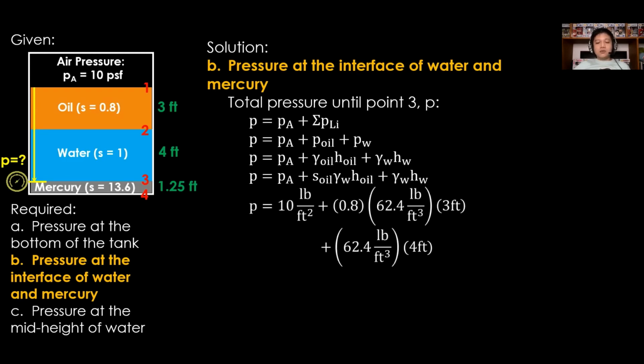Our P is equal to PA, that is 10 PSF, plus S of oil, 0.8, times gamma of water, 62.4, times height of oil, 3 feet, plus the gamma of water, that is 62.4, times the height of water, which is 4. P therefore is equal to 409.36 pounds per square foot.